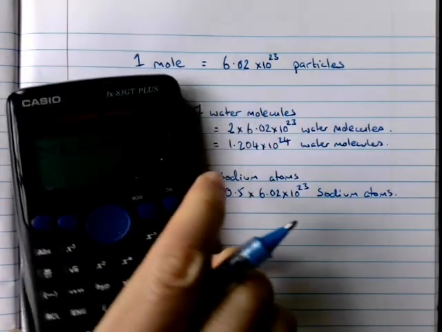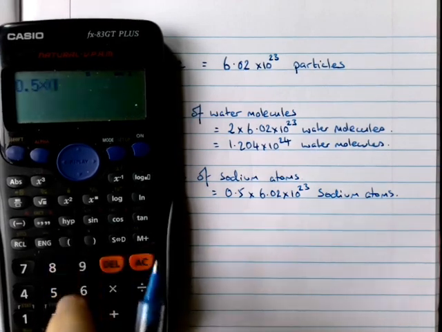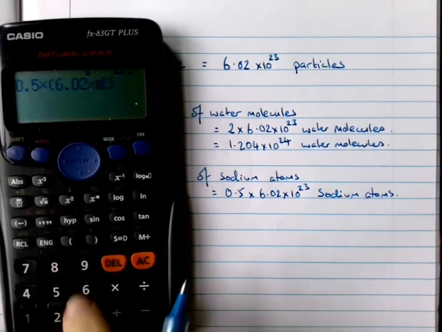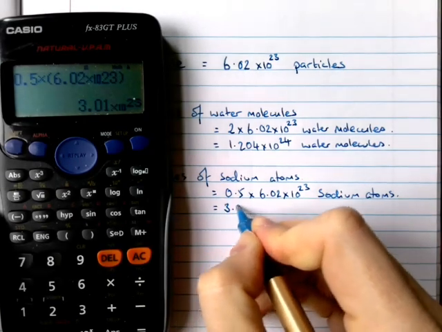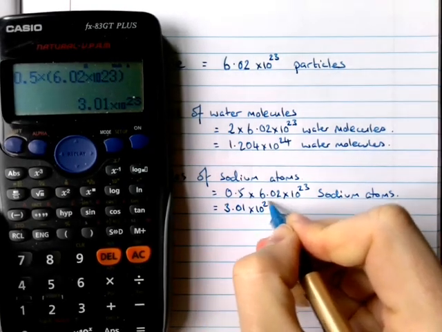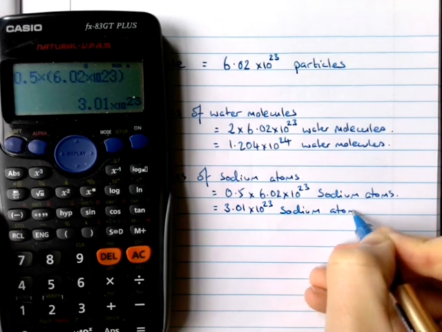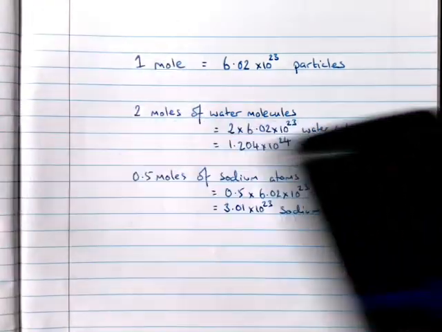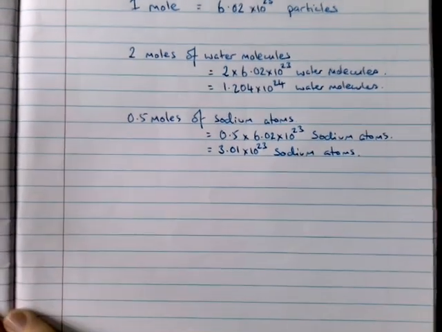So if I work that on my calculator, it's just going to be 0.5 times 6.02 times 10 to the 23, which gives me 3.01 times 10 to the 23 sodium atoms. Okay, so far, so good. This is fairly straightforward. Let's try and make it a little bit more interesting, all right?